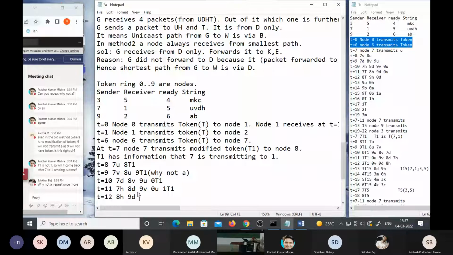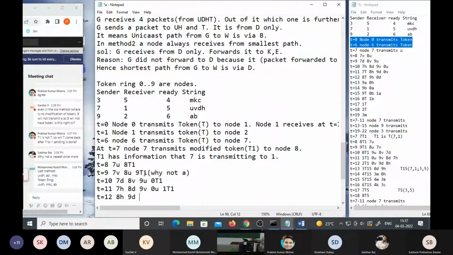You see, the reason is this. If 9 transmits A, then what will happen? Next moment, 9 will receive U. Will 9 transmit U or will 9 transmit B? There will be a conflict.